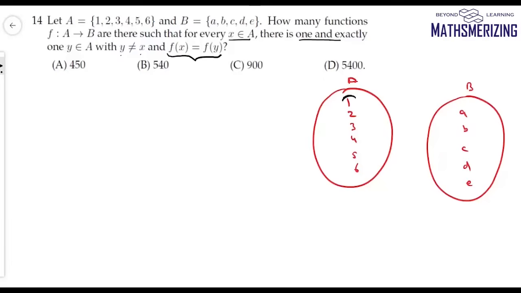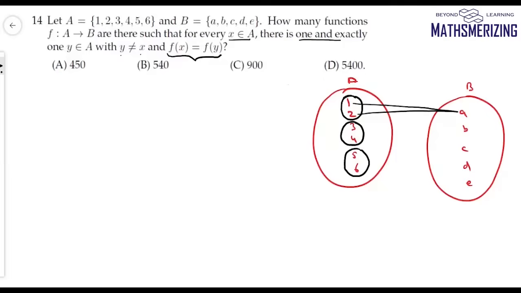So for these 6 elements, we need to form 3 pairs, and the 2 elements in the same pair must be mapped to the same element. That's how we can fulfill this condition.